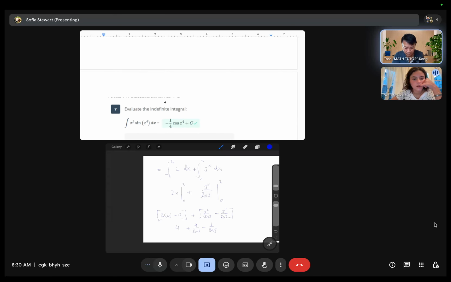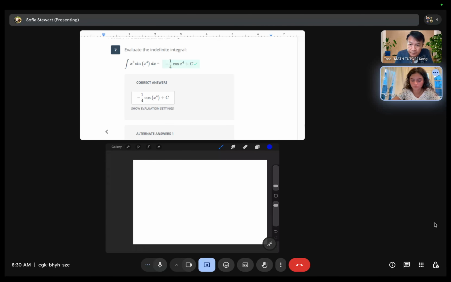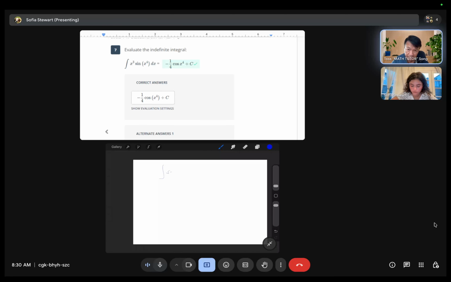Number 7. Okay, so this one you have to do substitution. I'll bet you know it really well. But if you want to do it the cleanest way, you reorganize the x to the third next to the dx.